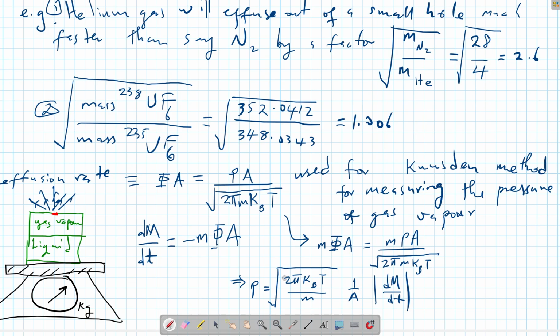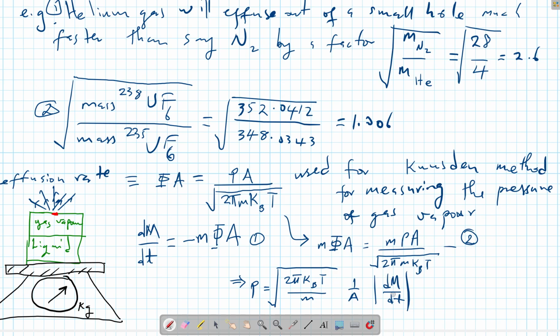You can do the algebra, and from here using, let's say, 1 and 2, we can get this, right?